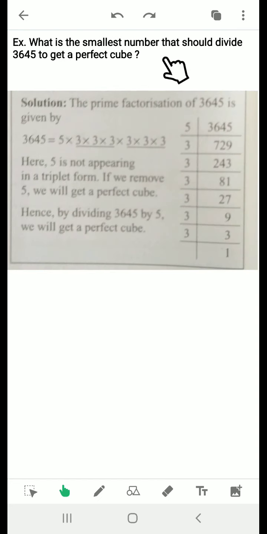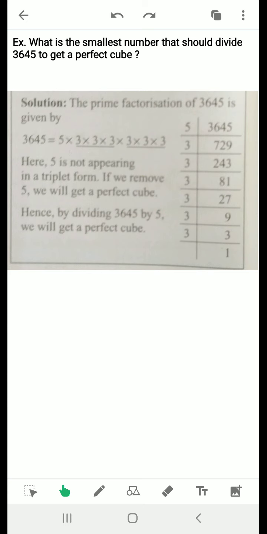What is the smallest number by which we should divide 3645 to get a perfect cube? Okay, so now we need to make it by dividing. So first of all, try to find the prime factorization. It will be 5 multiply 3 multiply 3 multiply 3 multiply 3 multiply 3 multiply 3. Here we can see that the 3's are in triplet form, but 5 is not appearing in a triplet.